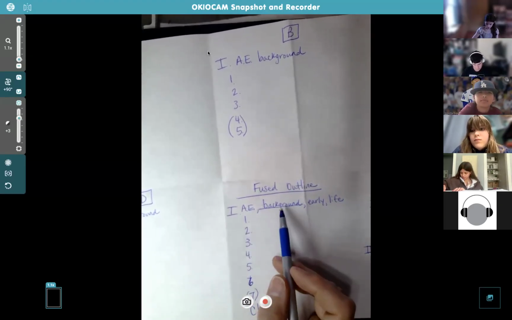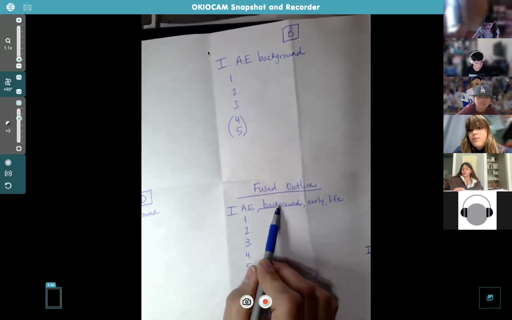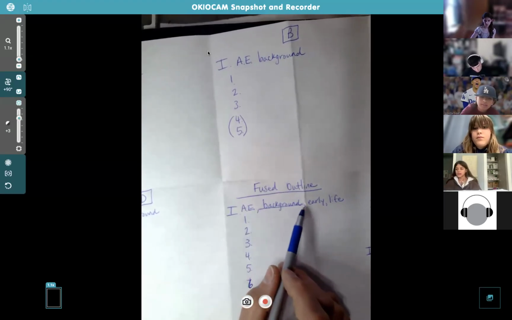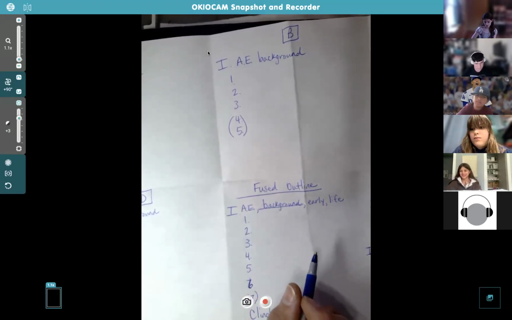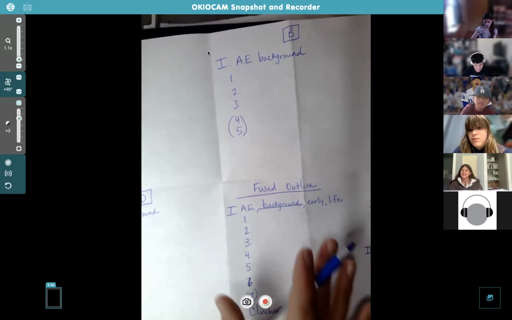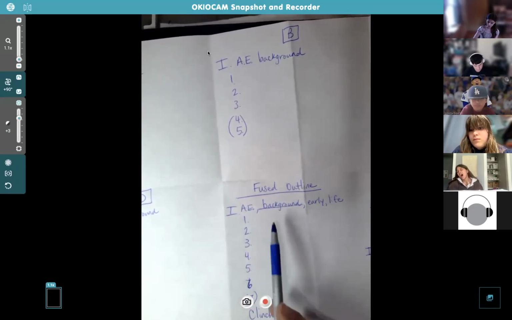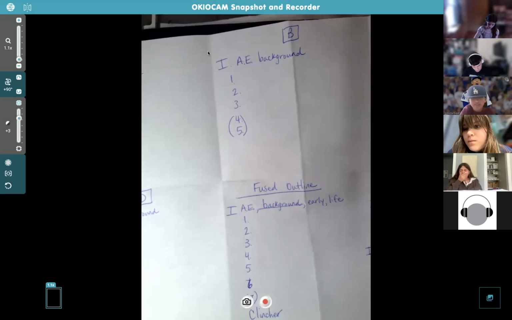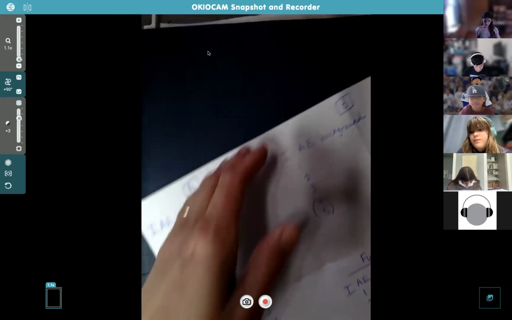Because the word background doesn't really fit in a good introduction sentence. If you say Amelia Earhart had an interesting background, I guess that would work okay. You guys figure that out as you introduce that topic. But this is to remind you what you're focusing on in that first paragraph in each of the articles. So at this point, I'm going to give you guys some time to work in class on this.